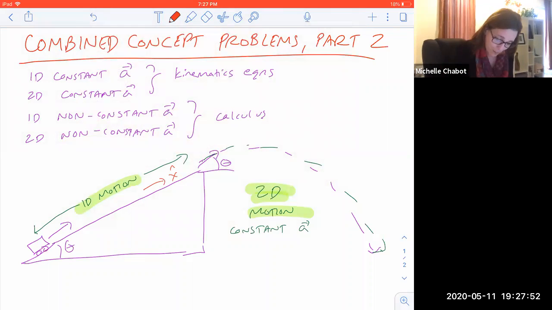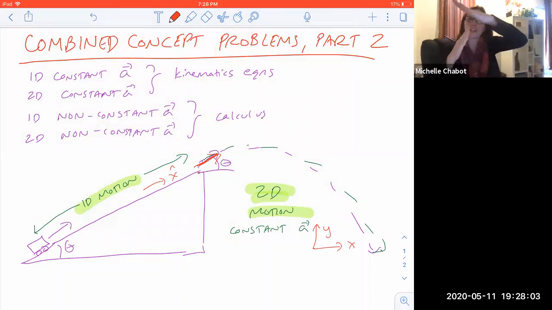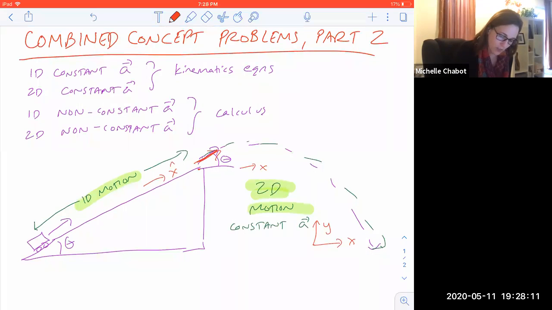For the second part, we just untilt our axes and we'll have our normal XY motion, and then the velocity at the end of our first step, at the end of the ramp, that's along our one dimension, that now becomes our angled launch for this next portion. And so again, you would then have our X and our Y for the second portion of the problem.